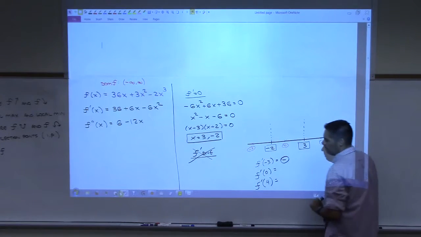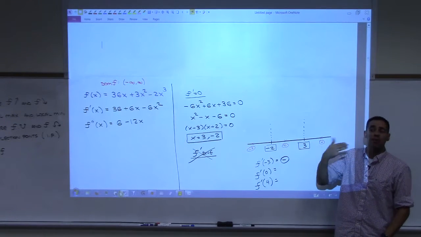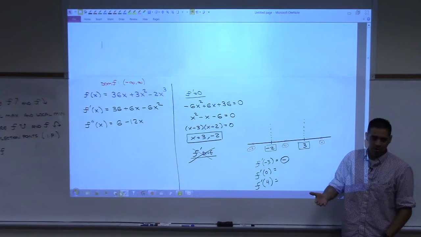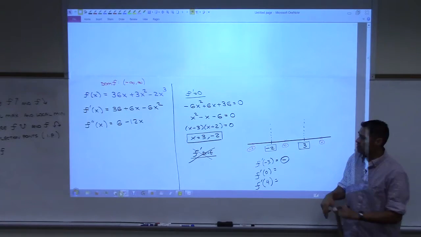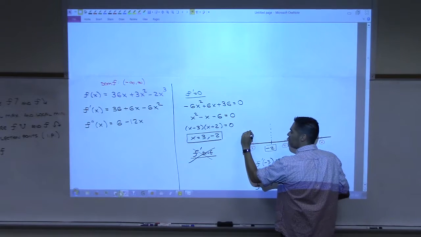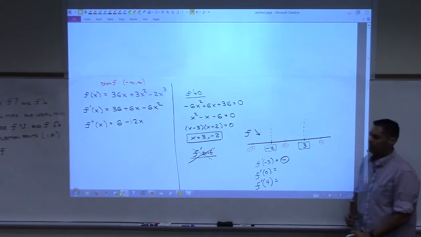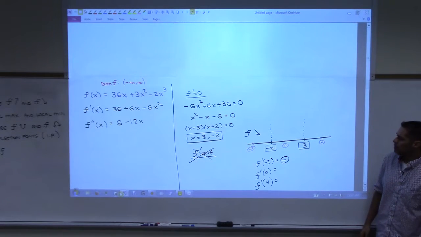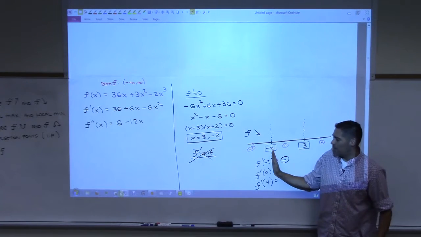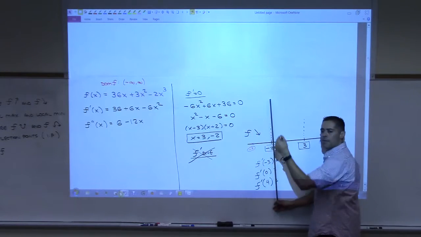That's a negative number. If the derivative is negative, what does that tell me about the original function? It's going down. So watch what I write. In this little region right here, I'm going to say, hey, look, the original function is going down here. And that means to the left of -2, anywhere over here, the function must be going down.